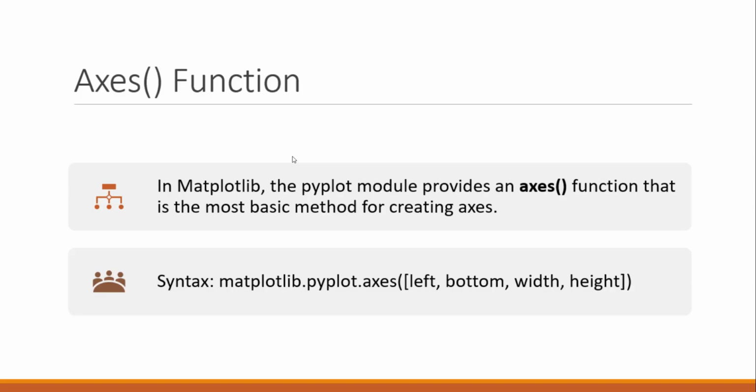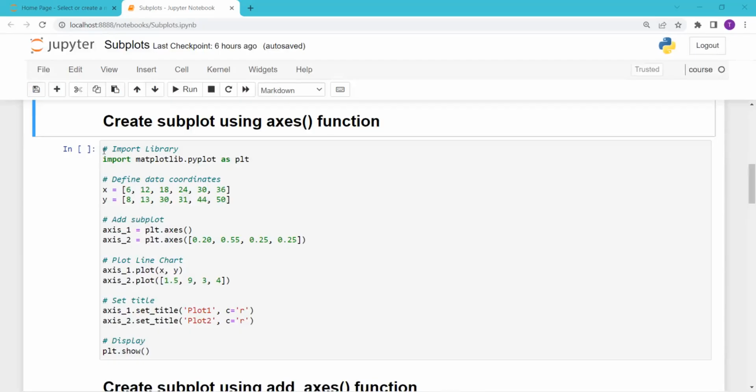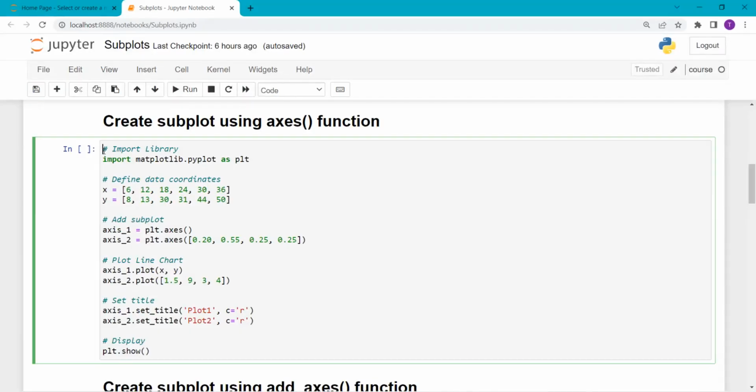But if you want to add a subplot that exists inside another axes, then you have to specify these parameters. So let's see an example related to this to clear the concept. So here is the code for creating a subplot using the axes function. Let me explain.